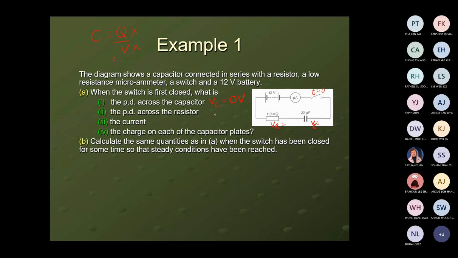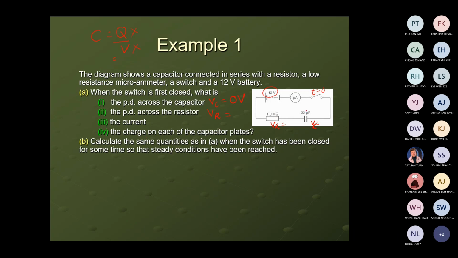What is the PD across the resistor? I think you can use Kirchhoff's law. You see the 12 volt should be shared by the resistor and the capacitor.